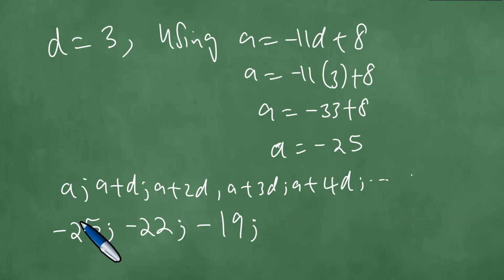This one is a, minus 25. You add d and you get minus 22. 2 times d is 6, and you get minus 19. 3 times d, 3 times 3 is 9, and you get minus 16.